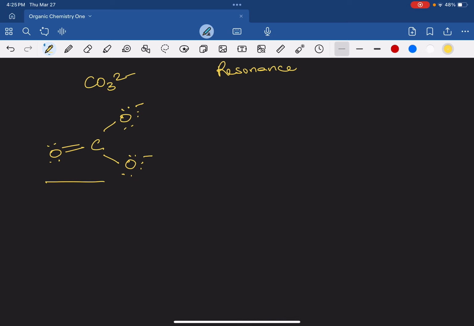Those contributing structures are actually resonance forms. Contributing structures, same thing as resonance forms.